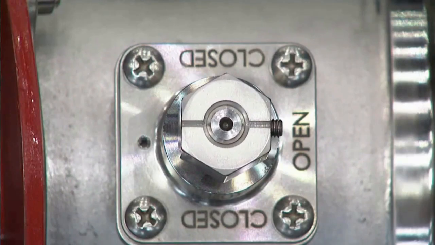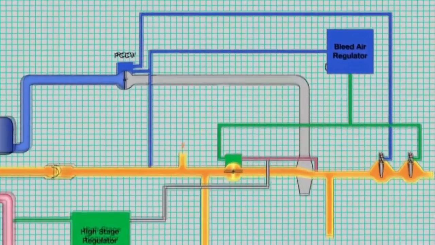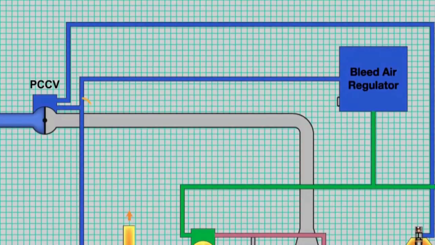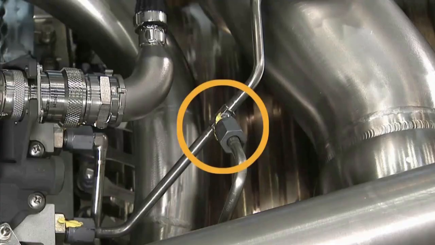For our first example, note that the bleed air regulator or BAR and the PCCV share the same supply pressure. On the left hand side, this T fitting takes air from the low stage duct and sends it to the BAR and PCCV.